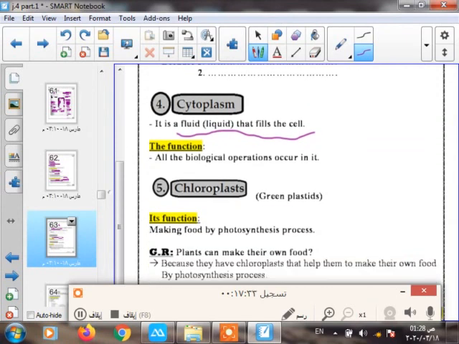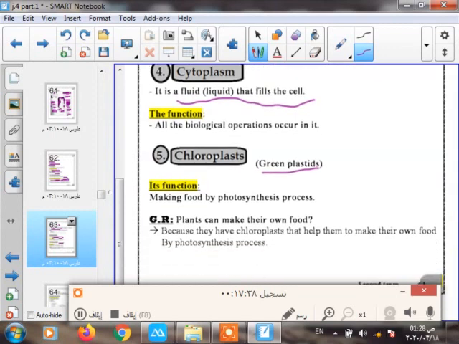Chloroplast, or green plastids, two names for the same thing. It makes the food by the photosynthesis process, by absorbing sunlight from the sun. This is an important question: plants can make their own food by themselves.